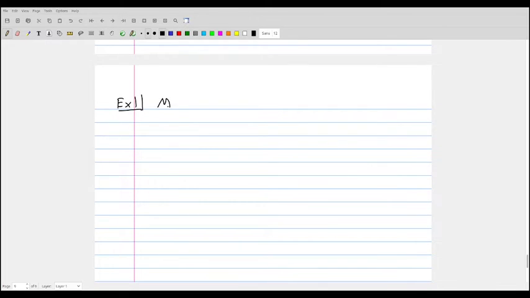From part 1, the mass of this region is 59 over 35.